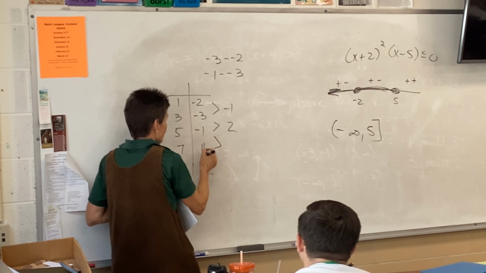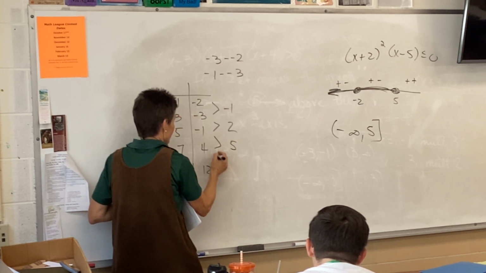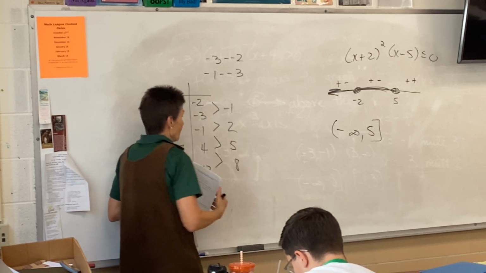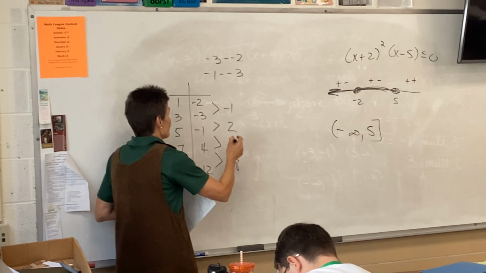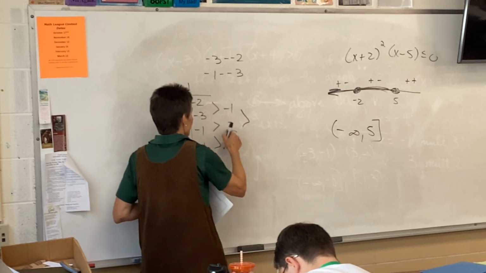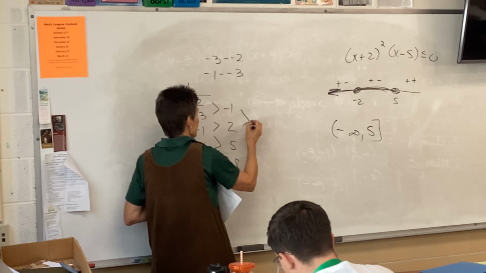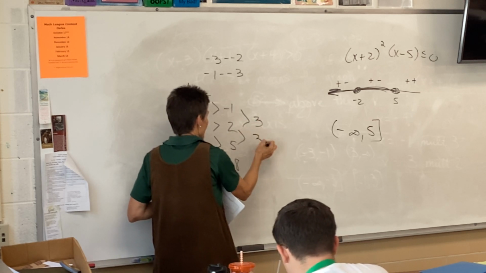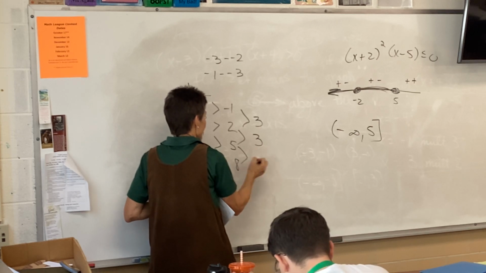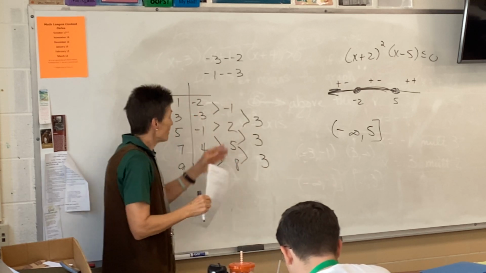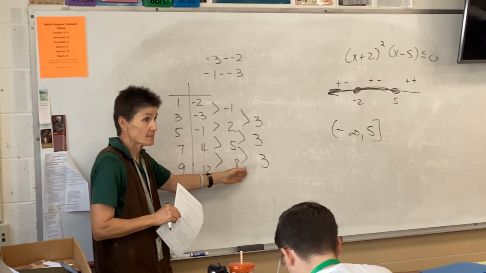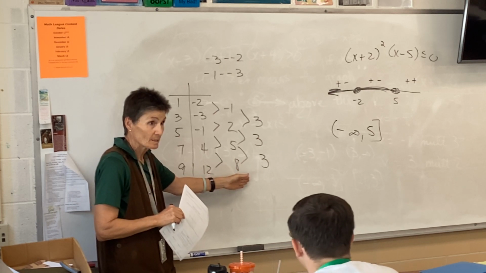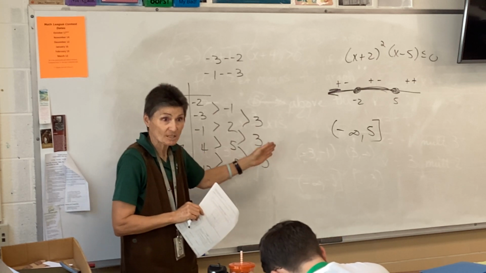What's here? 5, and here is 8. Okay, do it again. What's the difference here? 2 minus -1 is 3. 5 minus 2 is 3. 8 minus 5 is 3. Now notice that the differences are the same in the second subtraction.